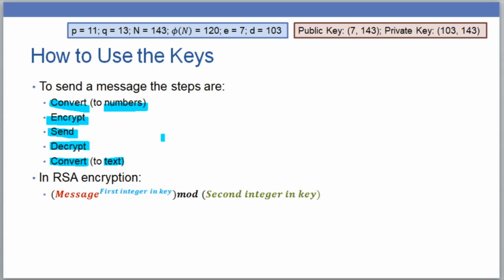So how do the keys, which seem to just be pairs of numbers, do this? In RSA encryption, the following formula is used with the keys for both encryption and decryption. So in order to encrypt, this formula is used with the public key, and to decrypt, this is used with the private key.